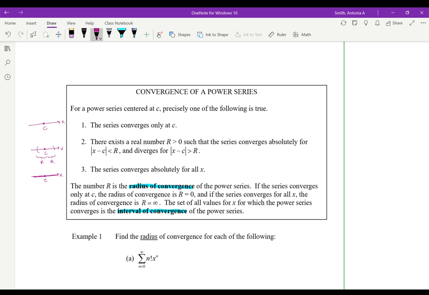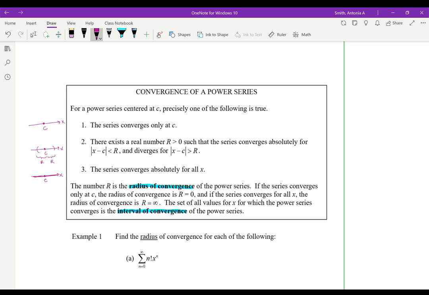What this is describing is the domain of f, which is the set of all x values for which the power series converges.